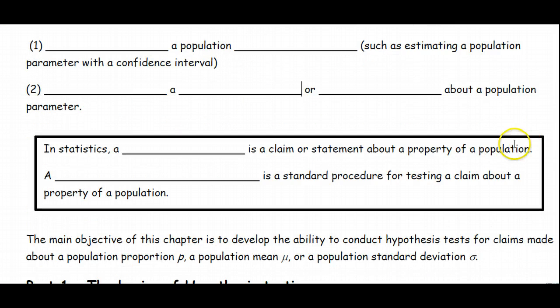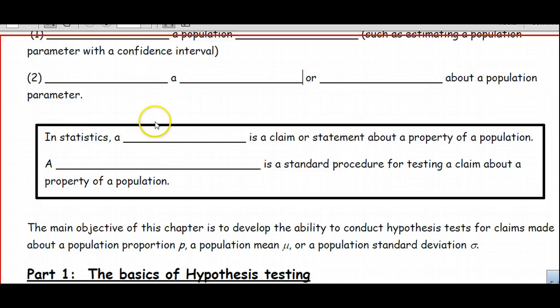So in statistics, a hypothesis is a claim or statement about a property of a population. A hypothesis test is a standard procedure for testing a claim about a property of a population.